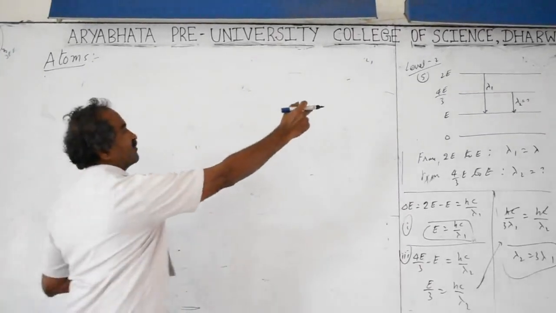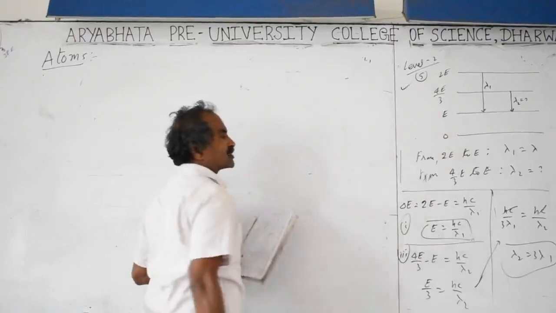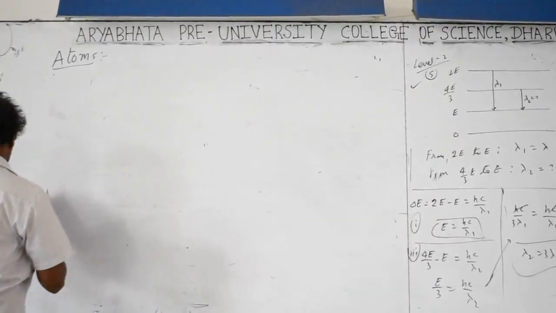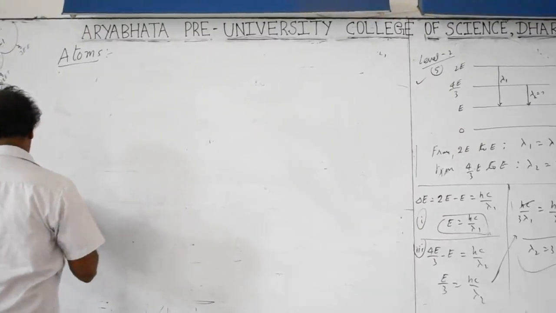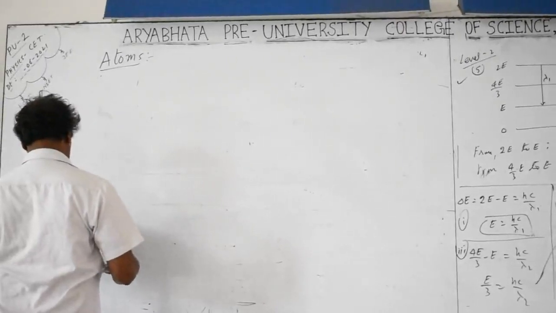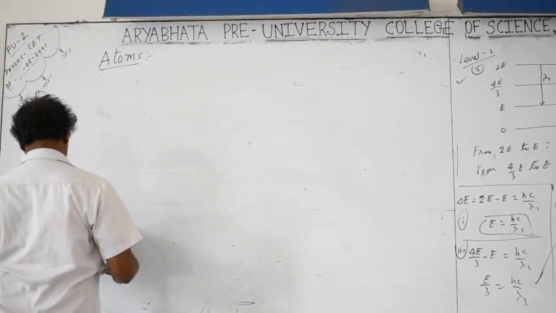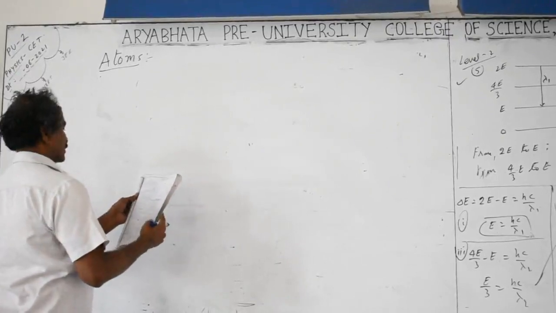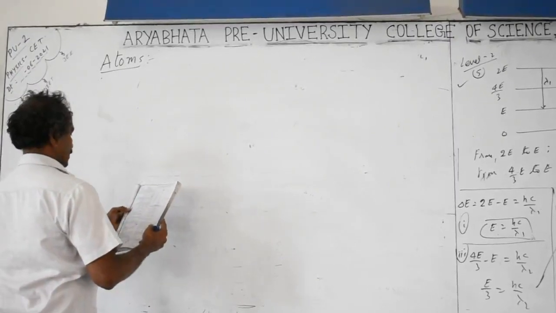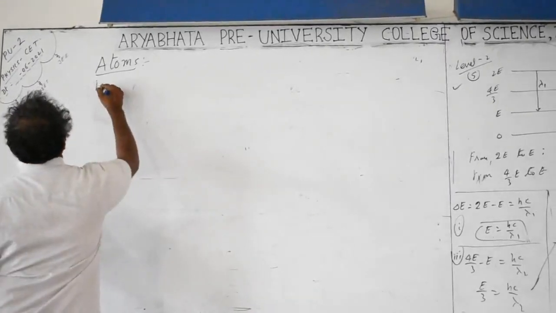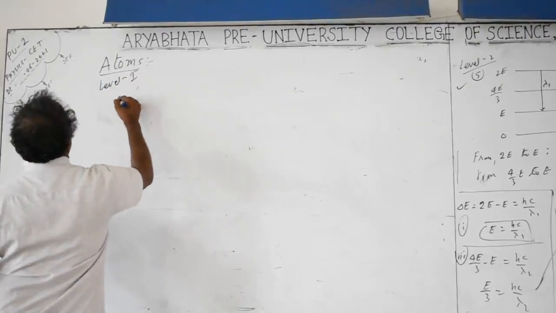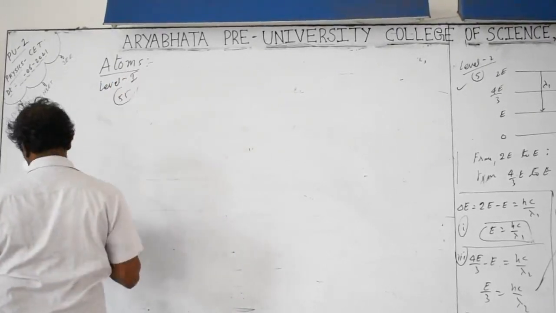Next, last problem I want to discuss. This problem is a very important one. Almost every year they ask it. This is a level 1 problem, question number 55.